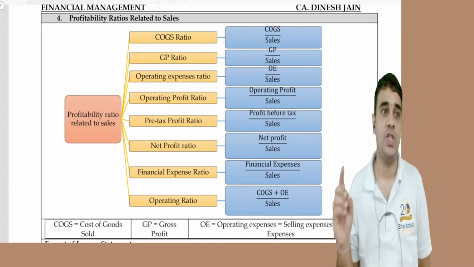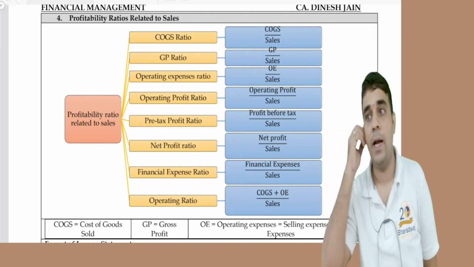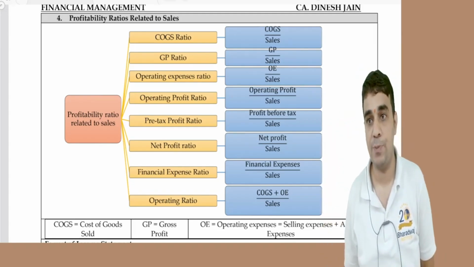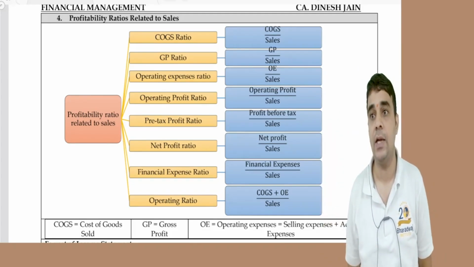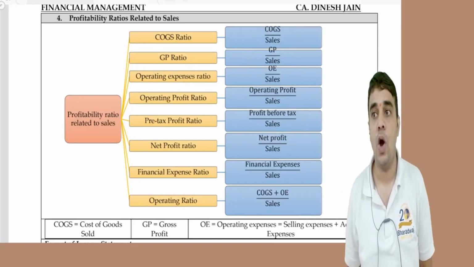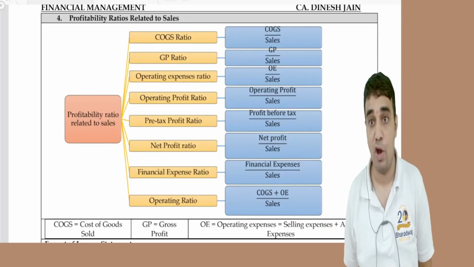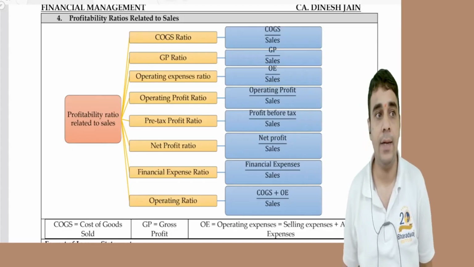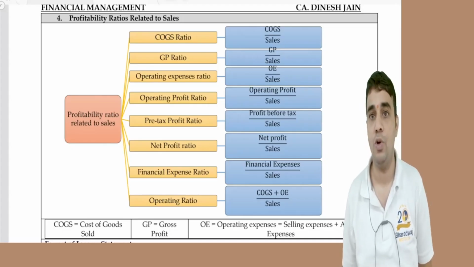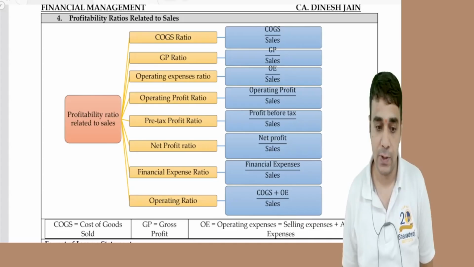Or if you go to cost sheet, after COGS you used to have admin expense and selling expense. Operating expenses means it doesn't include interest. Interest is a non-operating expense, not related to operation.